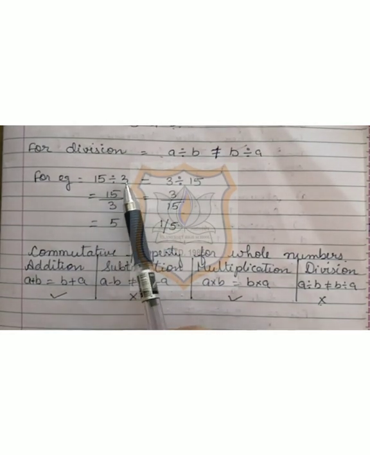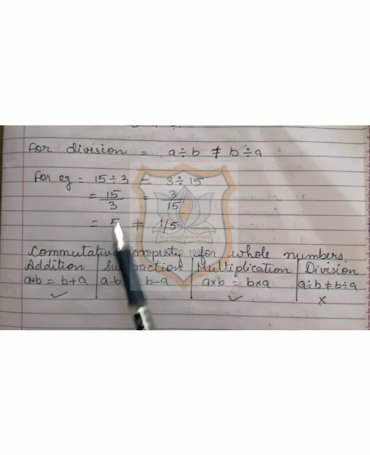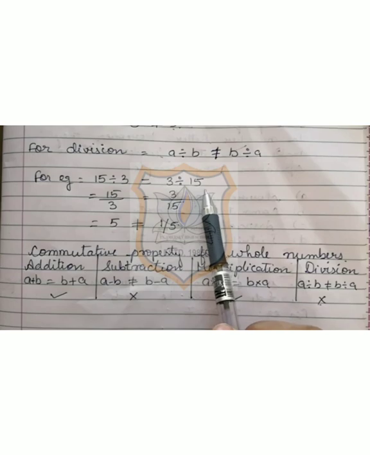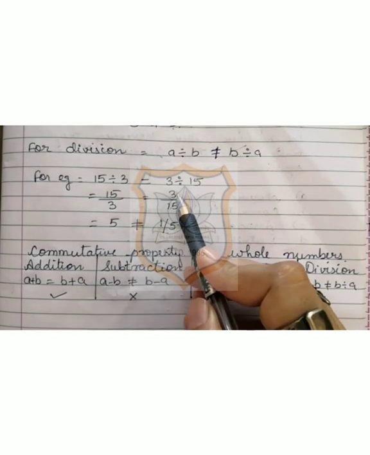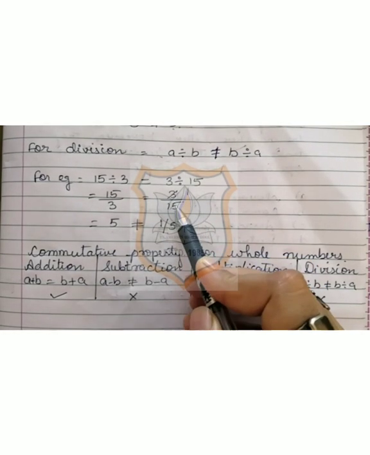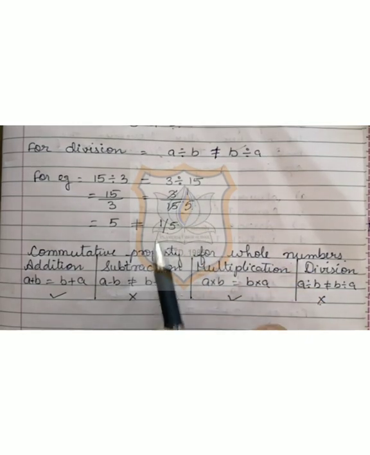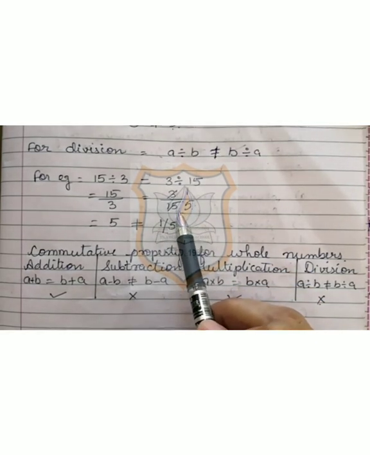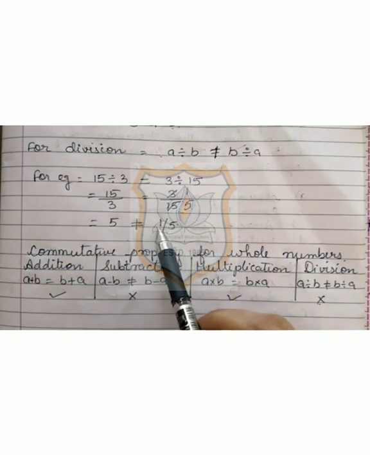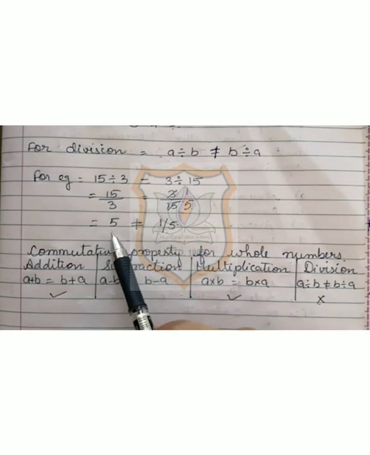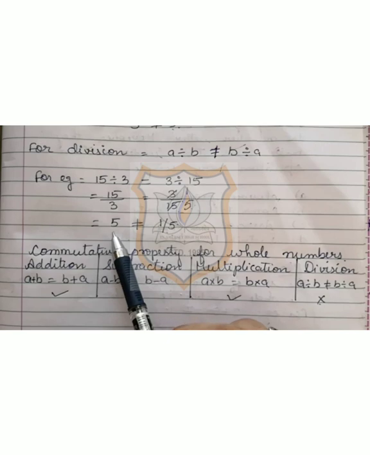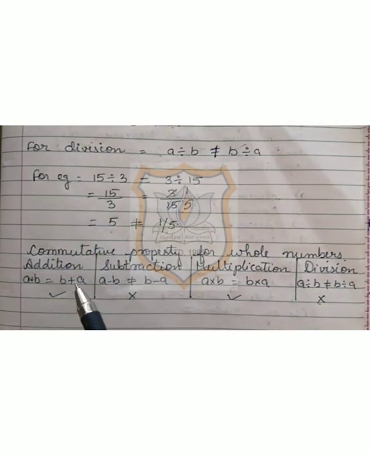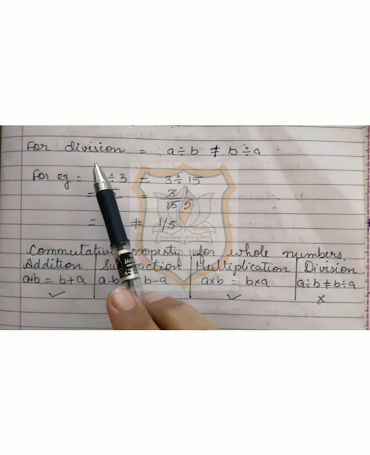And if we interchange the values, if we divide 3 by 15, we will get the answer here as 3 ones are 3, 3 fives are 15. So we get the answer 1 by 5, which is not equal to 5. So we can conclude that the commutative property of whole numbers does not work for division.